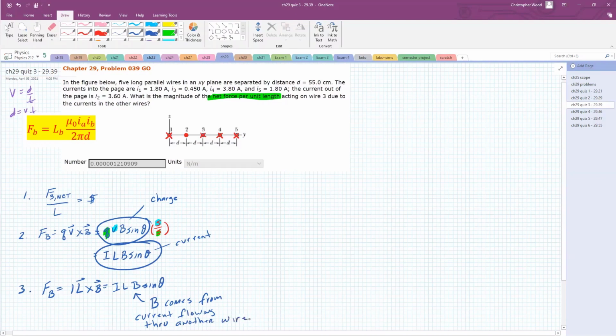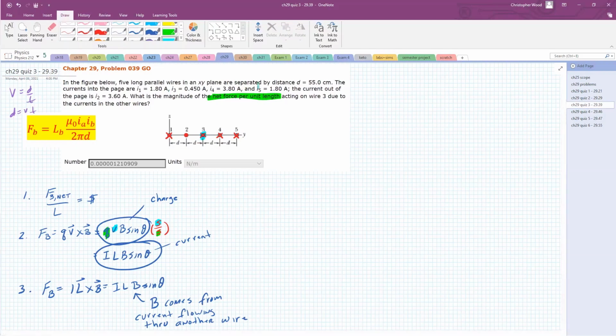That's all I need to say. So that's it. So now we can use superposition. Maybe I was thinking of this problem when I thought of that term superposition. But before we do, you need to figure out the force per unit length for wire 3. So this is our primary focus. We're focusing on wire 3.